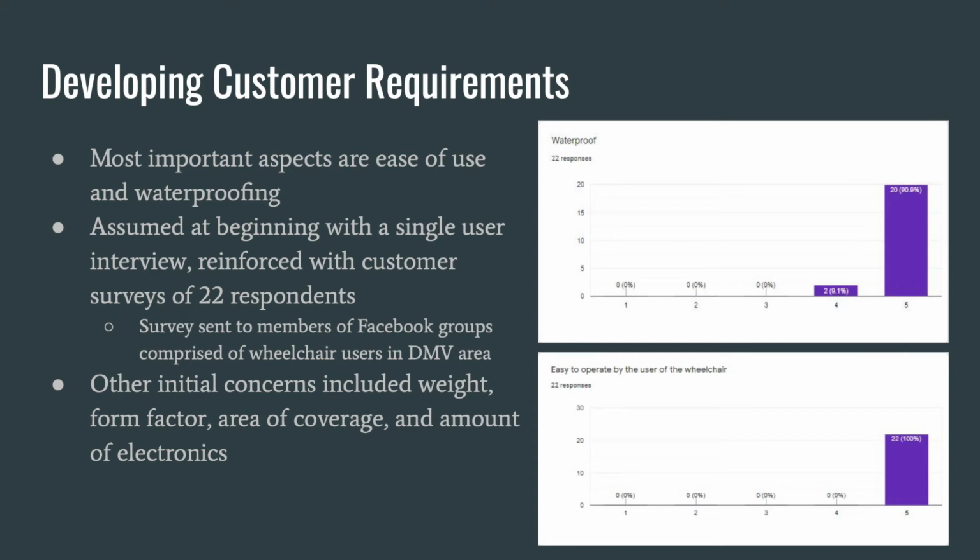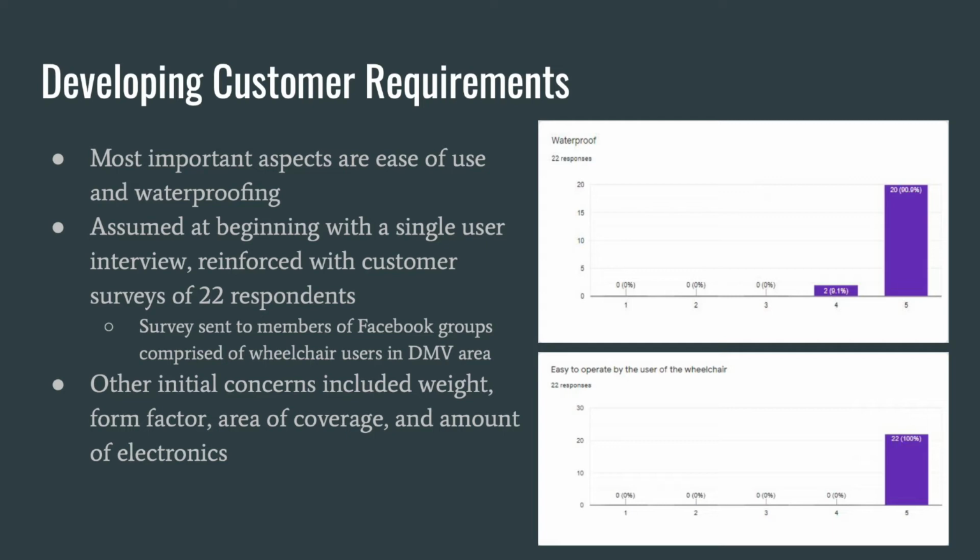Hello, my name is Aaron Seldowitz, and I will be talking about how we developed our customer requirements. So with the idea of the product in mind, we actually interviewed a single person to figure out some of the initial requirements we would have for the product.